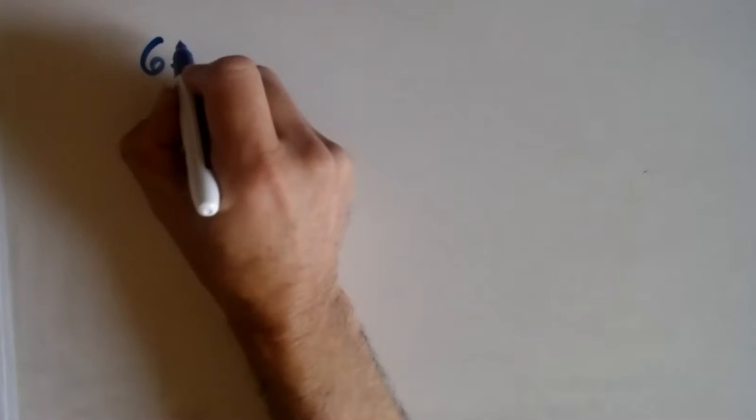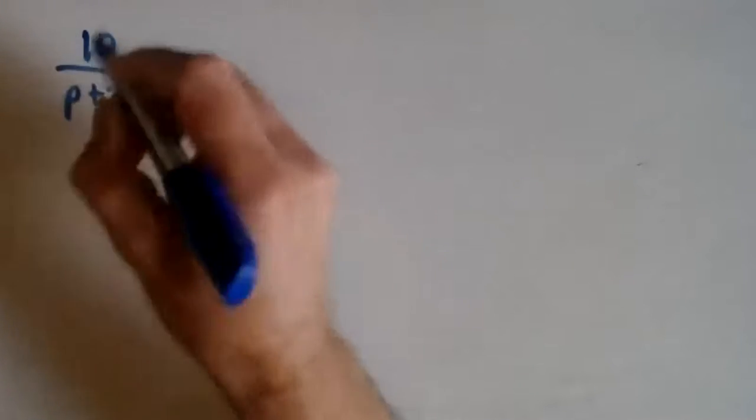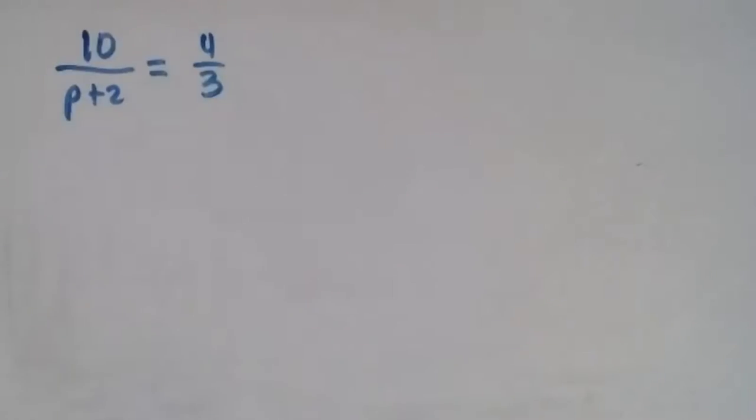Okay. One more. You have 6.3, no, this one. Yes, this one. So I have to do 10 over p plus 2 equals 4 over 3.